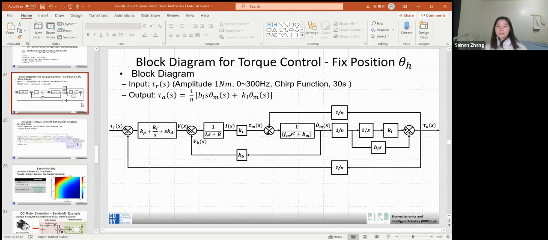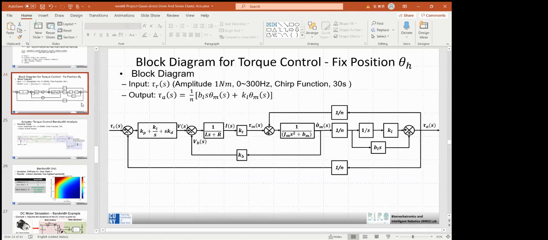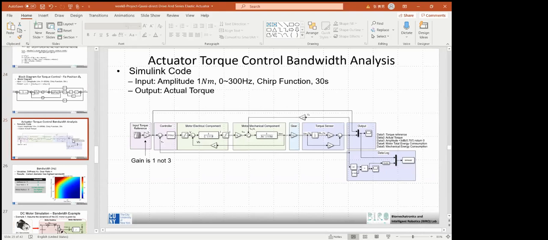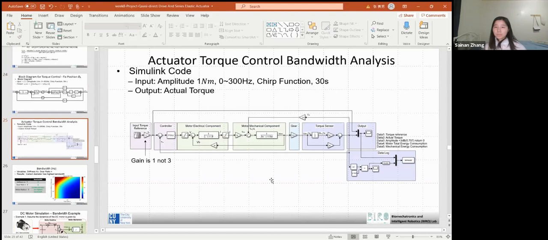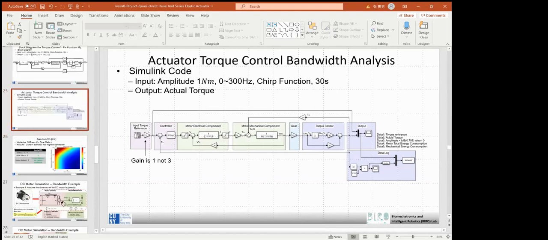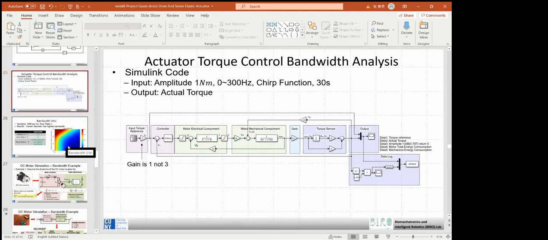This one. Could you go down one to the one that is shown in Simulink? Between the motor electric component and the motor mechanical component, what is that box with the logistic curve looking thing?